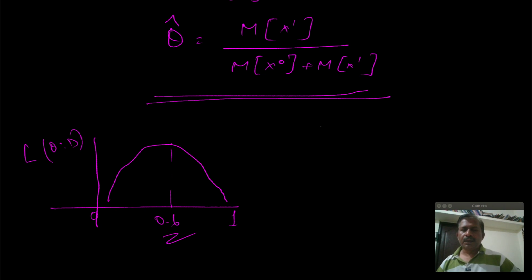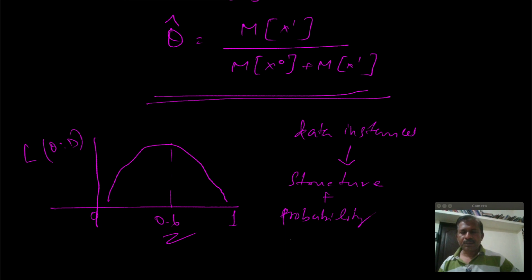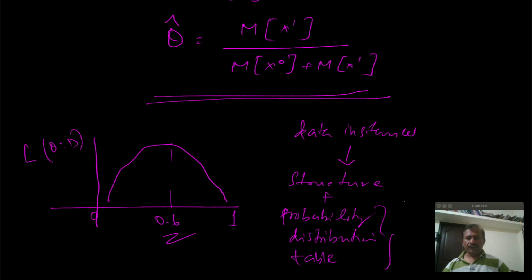But now we have data instances, and from that we have to generate the structure plus the probability distribution table. This is achieved by computing the parameters associated with the function. This is called model learning.